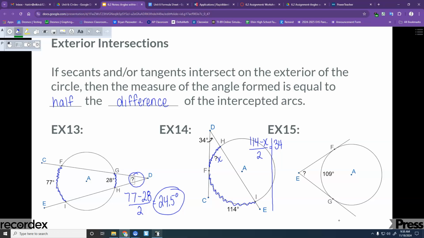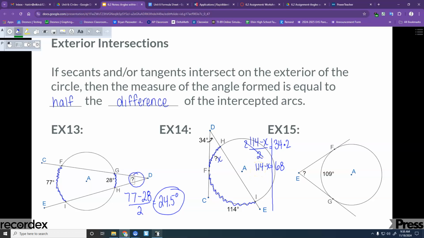Keely, what would I do to solve that equation? Very good. We got to multiply by 2 first. So we got 114 minus X equals 68. Okay, what next? We're trying to get that X by itself right there, so we need to get rid of the 114.